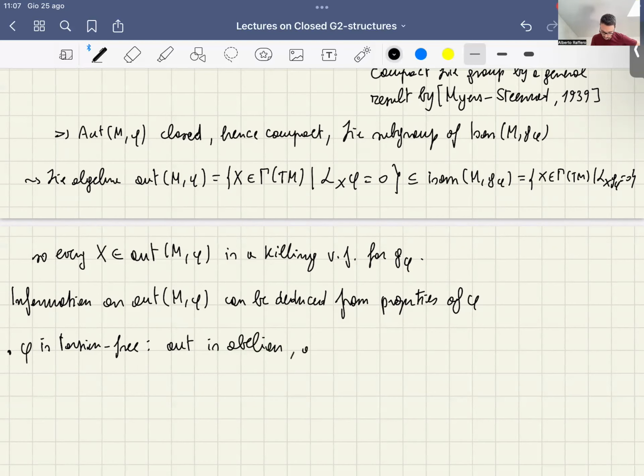This is because a torsion-free G2 structure, as we saw in the last lecture, induces a Ricci-flat metric, and this implies that every Killing vector field has to be parallel with respect to the Levi-Civita connection induced by the metric g.